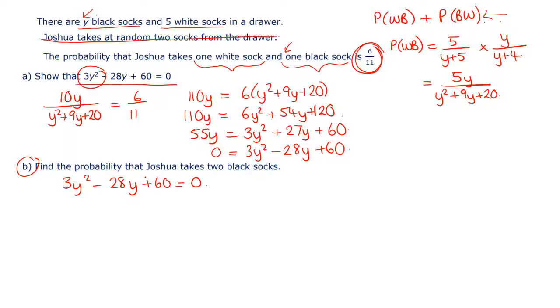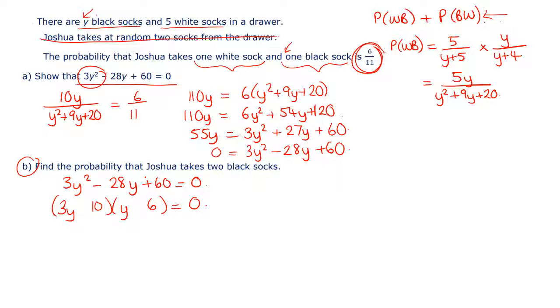Now if this was on a calculator paper, then obviously the easiest thing would just be to use the formula. But if it wasn't, then you would know that this factorises, which in this case it does. So I've got to have numbers which multiply to make 60, and we've got to end up with minus 28y. Obviously the easiest one would be a 6 and a 10, and I know that 3 lots of 6 gives me 18.